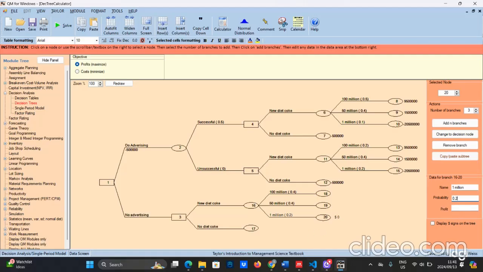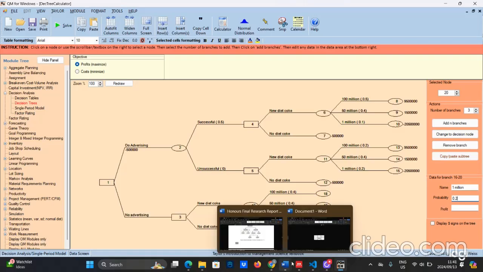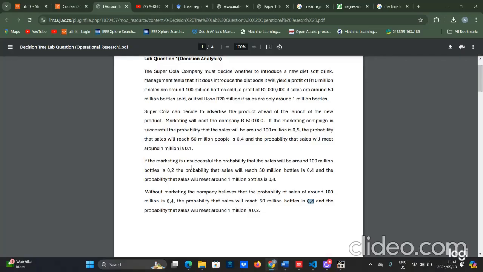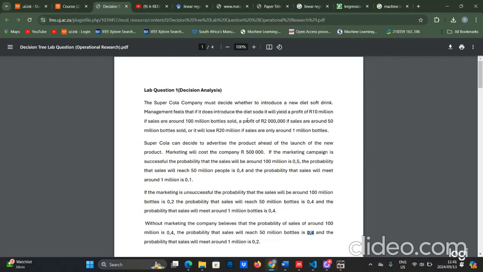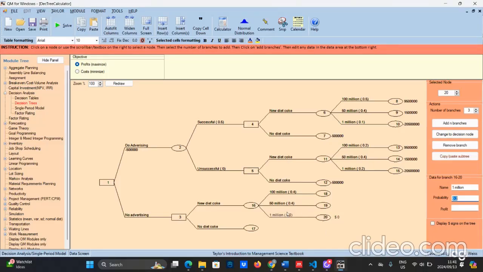Going back to the top, they're saying if they sell 100 million bottles, they'll make a profit of 10 million. Since they didn't do any advertising, they will not lose anything from their profit, which means here they will make 10 million exactly, since they didn't spend any money on advertising.